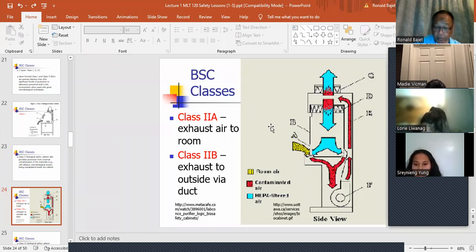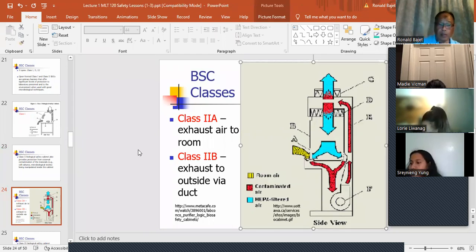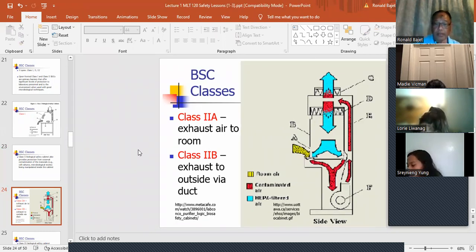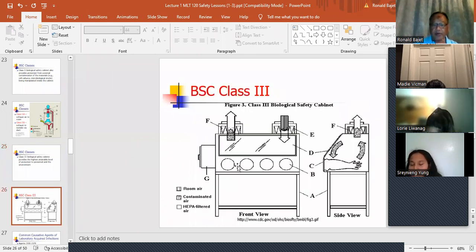And then the third one, the biological safety cabinet, provides the highest attainable level of protection. BSC 3 is the highest level of containment. These circles here are basically a glove box. When I worked with anaerobes, in one of the laboratories where I worked, they had an anaerobe glove box, and it's pretty neat.